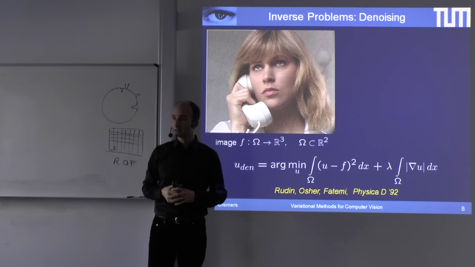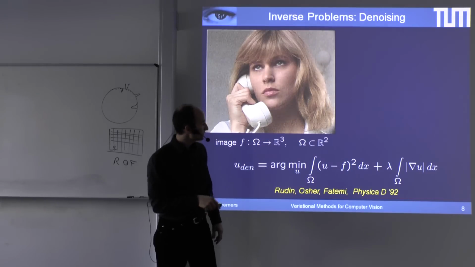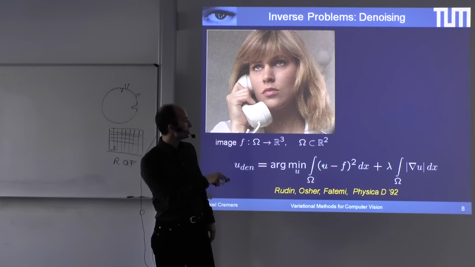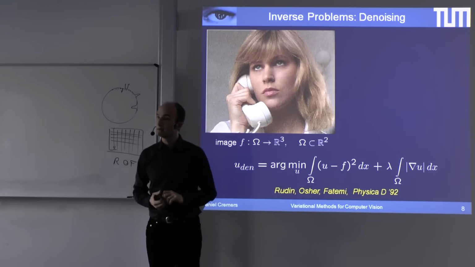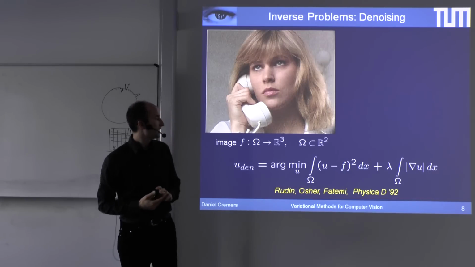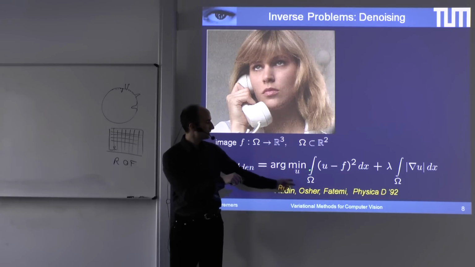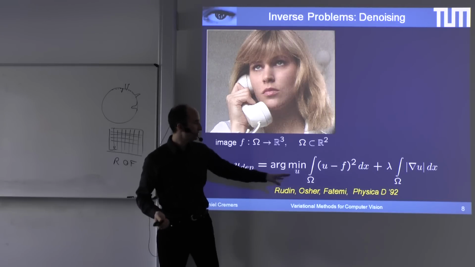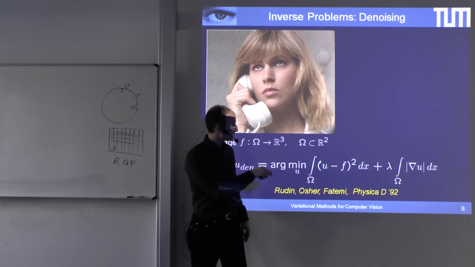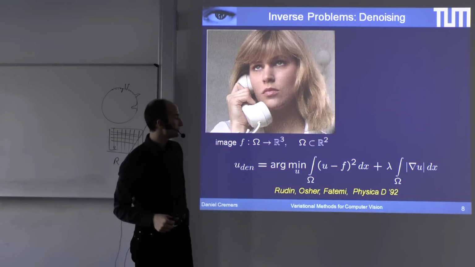It's a cost function, as you can see here, that assigns to any function u a cost. Here u is also a function just like f, and u is in fact an approximation of f in this model, an approximation which is computed by minimizing this cost. So for any possible function u, you can just plug it into this expression and calculate its cost. How would you do that?